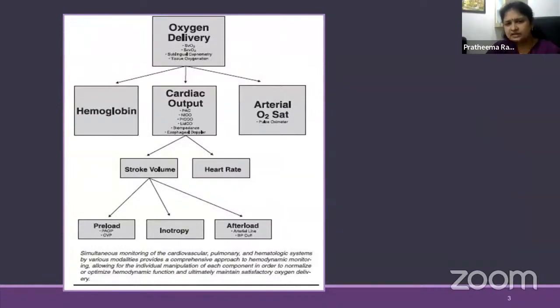If we break them into small parts, we know the hemoglobin we can just measure once every day, that is okay. Or if the patient is bleeding, we can measure it every eight hours. We don't need to keep monitoring it every minute. We have oxygen saturation monitors like the pulse oximeter.